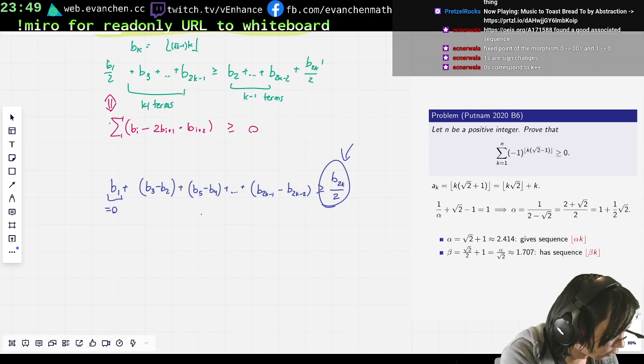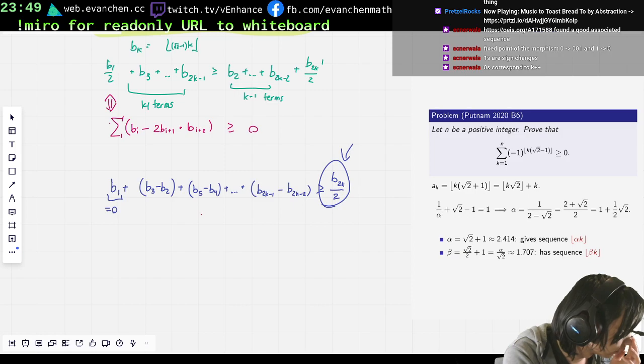Found a good associated sequence. The Pell word.